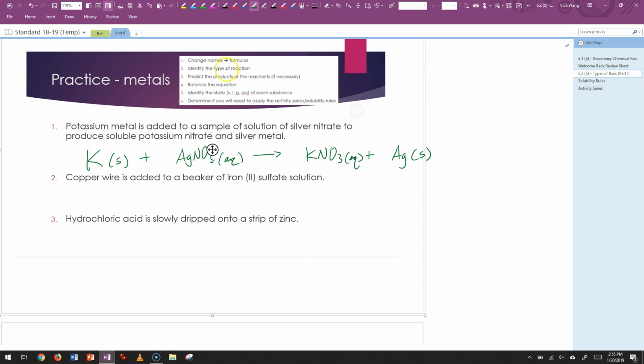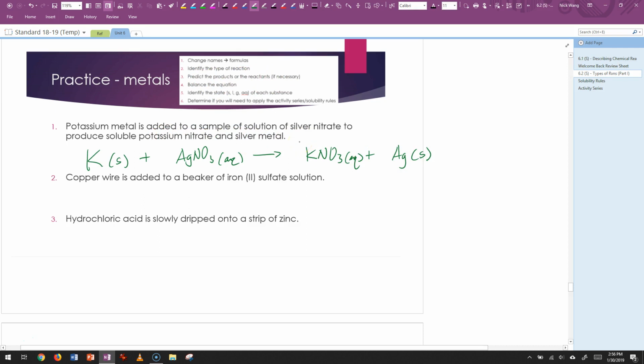Now, if you've been following along up here on this section, I haven't really been following exactly step by step what to do, and that is something you can do with practice. But I basically hit all the marks, right? I changed the names to formulas. I identified the type of reaction, right? Notice that this single metal is replacing this one that's already bonded to something else. Predicting the product wasn't necessary because it was already done for us, since the language told us that.